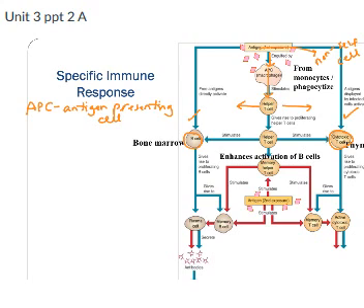Maybe I'll back up and give you a little information here. B cells, which are the B lymphocytes that originate in the bone marrow, are also known as humoral or antibody-mediated immunity. These are best at fighting off bacterial infections.